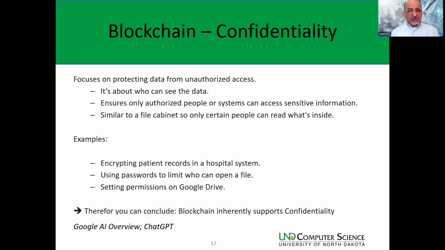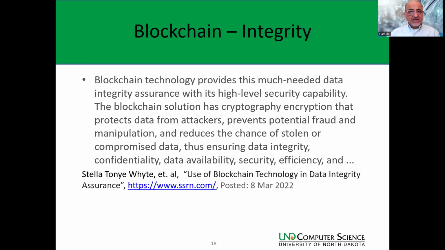The conclusion of the papers that I read about confidentiality, also through some Google AI overview, is that blockchain inherently supports confidentiality. Integrity, again: Stella, Tony, and her colleagues did a study of blockchain, especially on integrity, and they concluded that blockchain technology provides this much needed data integrity assurance with its high-level security capability.